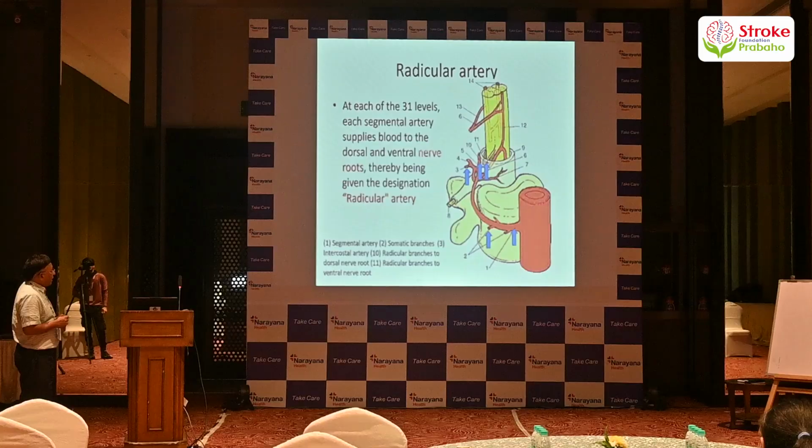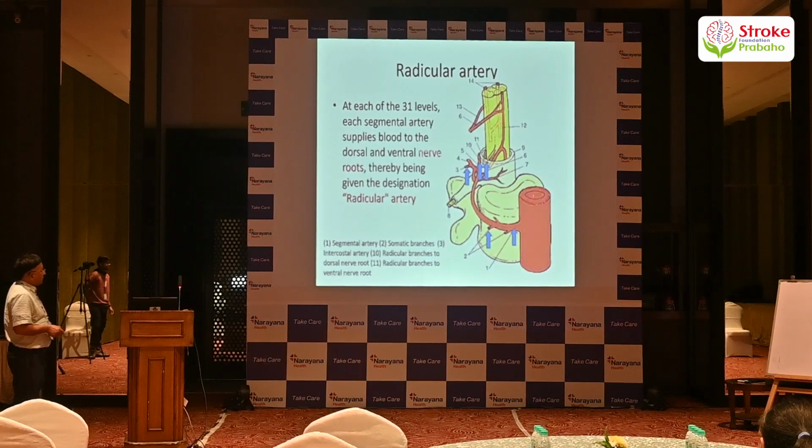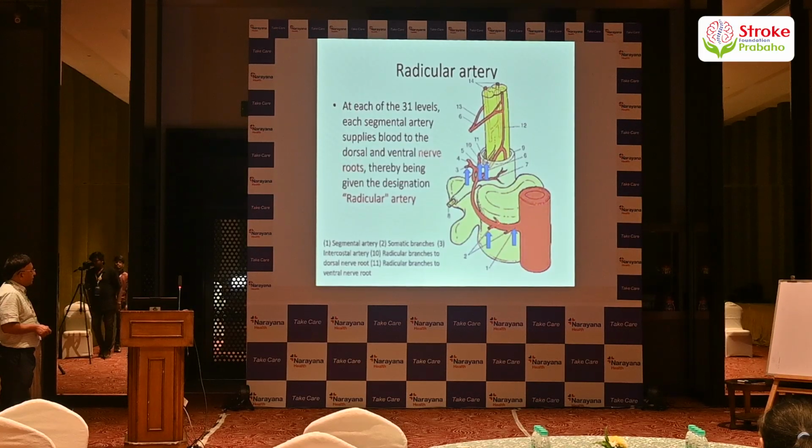So what is the radicular artery? The radicular artery is the artery which supplies the nerve root, and some of the radicular arteries supply the spinal cord. So for this example, this is the aorta. From the aorta, this segmental artery is arising, and this segmental artery gives branches to the somites. So it will supply the nearby bones and skin, etc. But this artery further advances and supplies the nerve root.